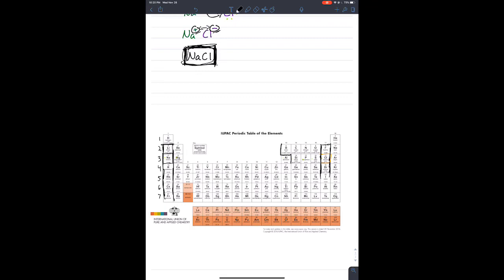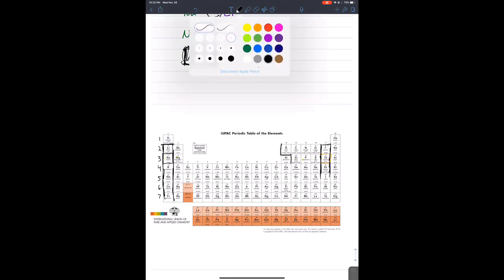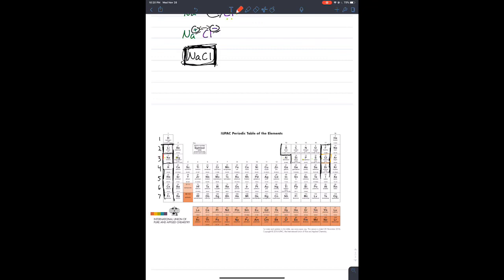So if you remember back to our periodic trends, sodium has a very low ionization energy. It's really easy to take that electron away from sodium, compared to chlorine down here at the other end. Chlorine has a high ionization energy. It's hard to take an electron away from chlorine. And chlorine has a high electronegativity. It really wants to attract a new electron.